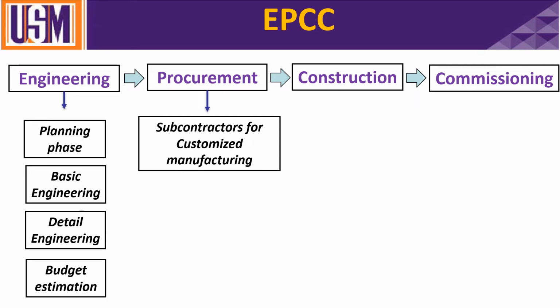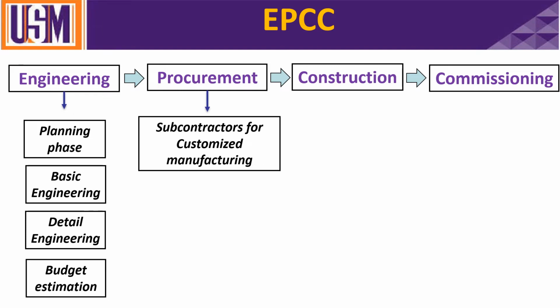Even big companies cannot produce all the parts for the system on their own. So they have to contract other people, known as vendors, as subcontractors to do those parts for them.